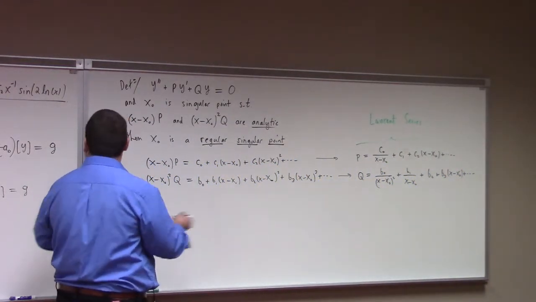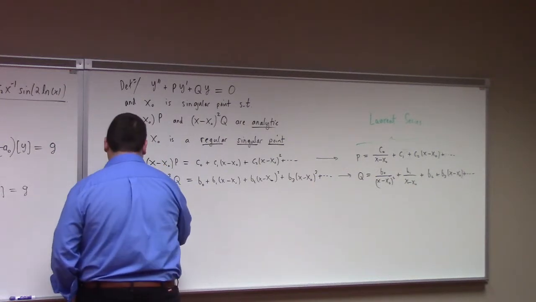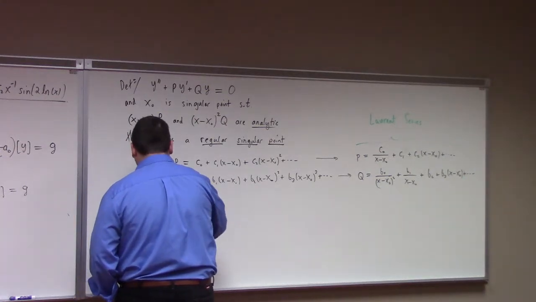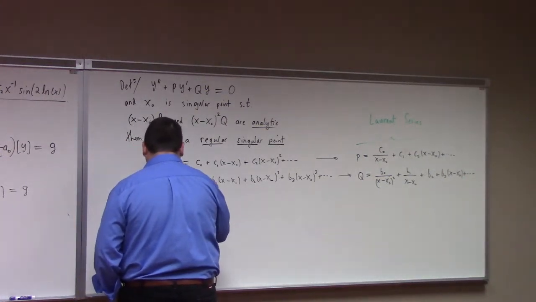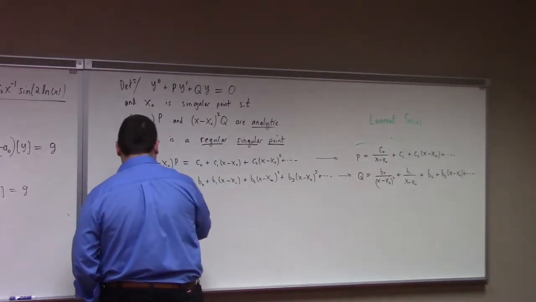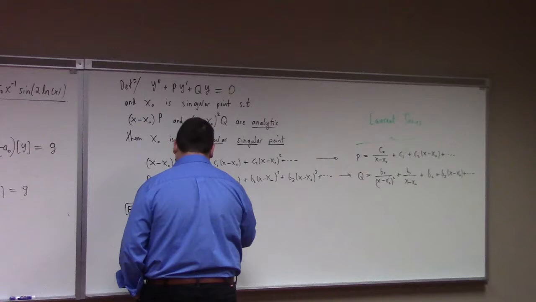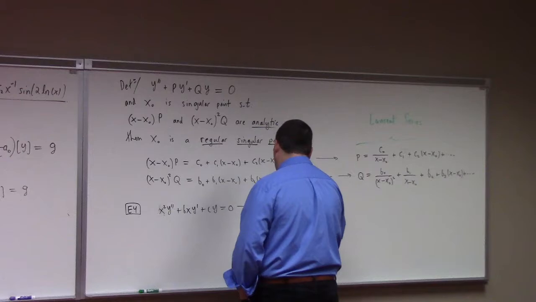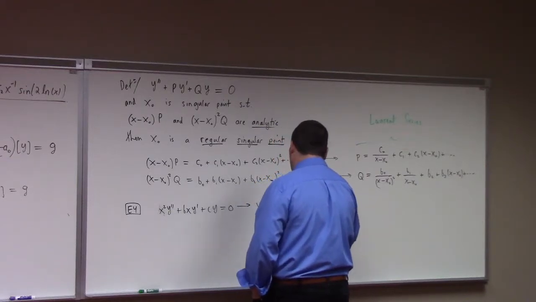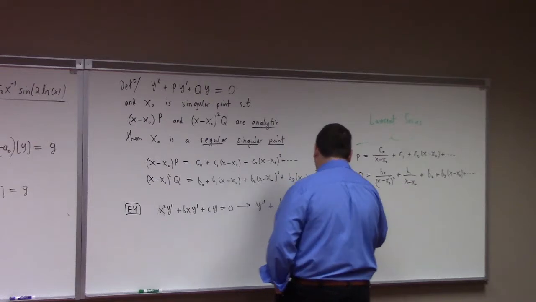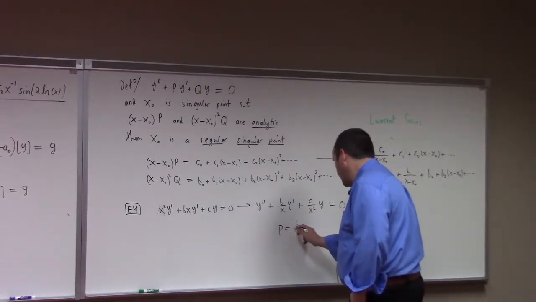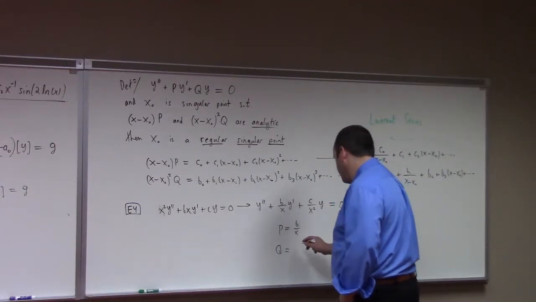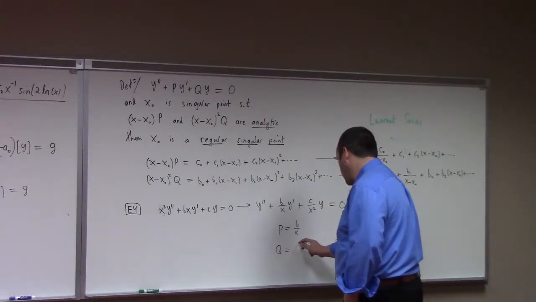But if you look at example 4, if we have x squared y prime prime plus bx y prime plus cy equals 0, that gives me y prime prime plus b over x y prime plus c over x squared y equals 0. So p is b over x, right? And q is c over x squared.